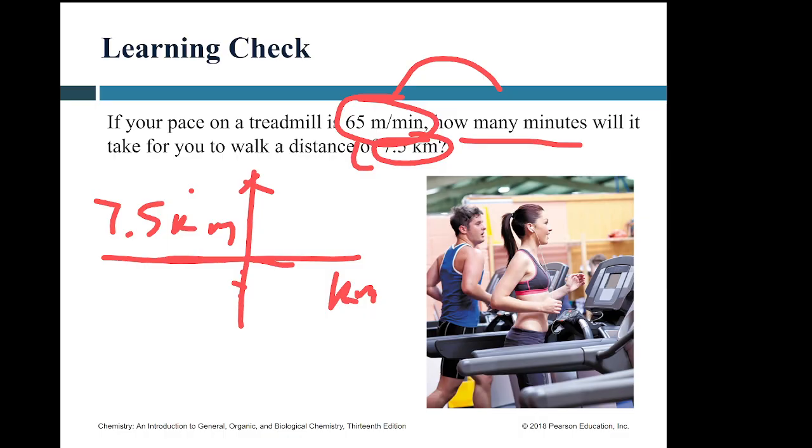And on the top here, what do I need? Meters, right? And so what relates those two things? That's that prefix, isn't it? So how many meters are there in a kilometer?